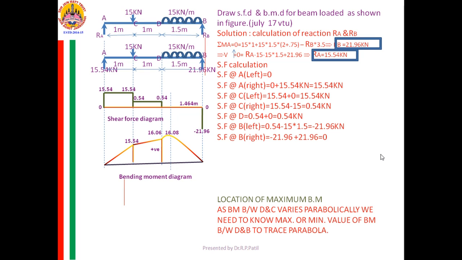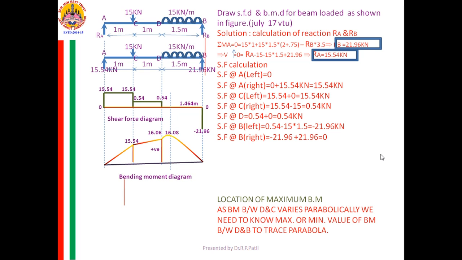Therefore, it is constant equal to 1.5 kilonewton per meter run. If load is constant, integration of it, constant integration is constant into x plus one more constant, that is y is equal to ax plus b.